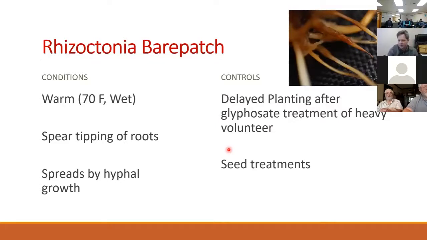There are numerous seed treatments that provide pretty good control for Rhizoctonia. Unfortunately, no studies have been done on whether these seed treatments will prevent the damage caused from planting relatively close to glyphosate treatments.